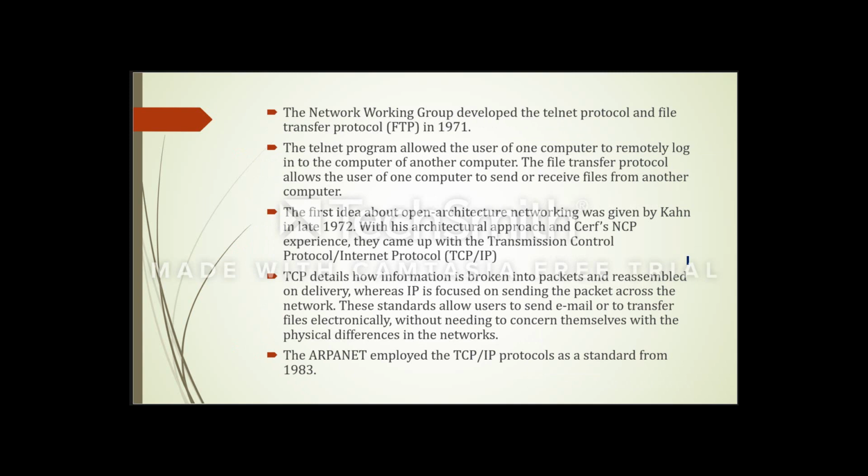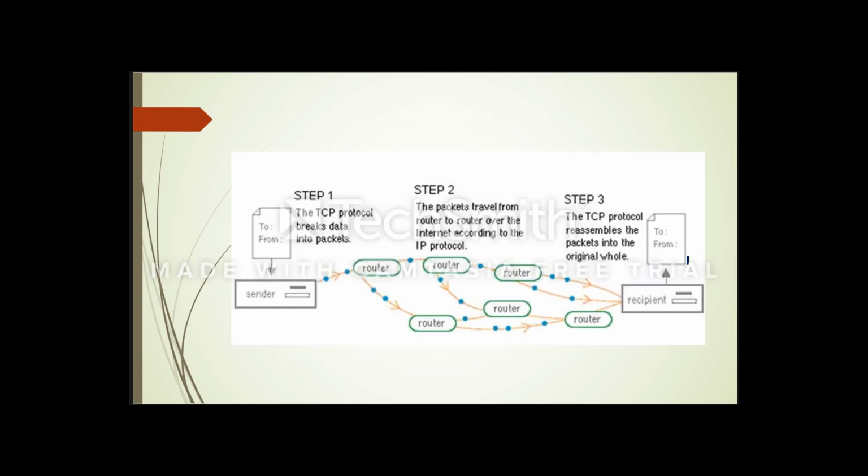Here you can see a lot of information about how the development occurred. In 1971 the Telnet protocol and file transfer protocol came into existence. Telnet allowed the user to remotely access another computer. It was followed by the great development of TCP/IP, and then ARPANET employed it as a standard.